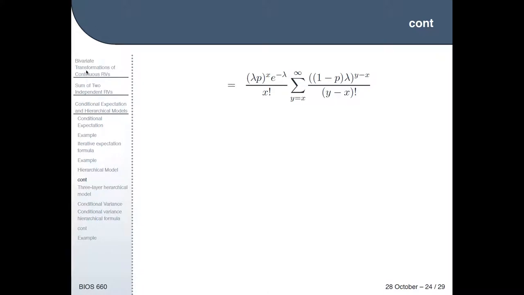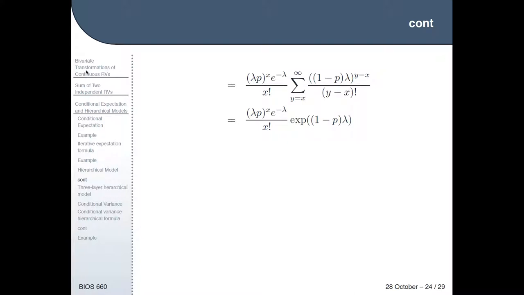So we can try to simplify that expression by first of all taking the terms that don't depend on y outside the summation sign. Inside the summation sign, we end up with the sum from y equals x to infinity of (1 minus p) times lambda to the y minus x, divided by (y minus x) factorial, which you may recognize, that infinite sum is just the Taylor series for e to the (1 minus p) times lambda.